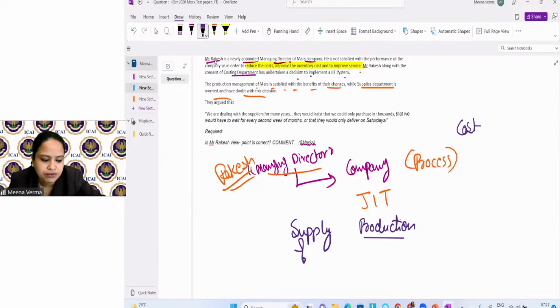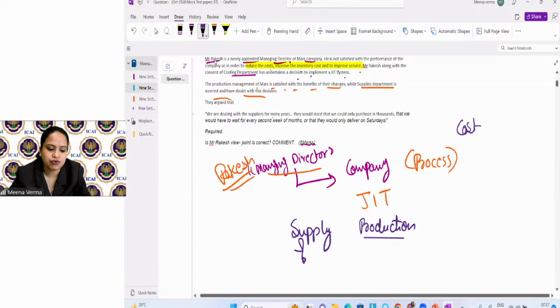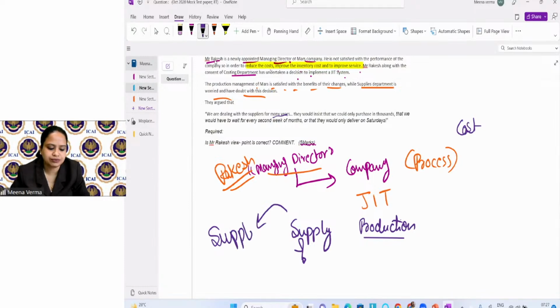What doubt do they have? See what they have mentioned here. They have mentioned that we are dealing with the supplier for many years. They know their supplier. Actually, the supply department knows the nature of their supplier.